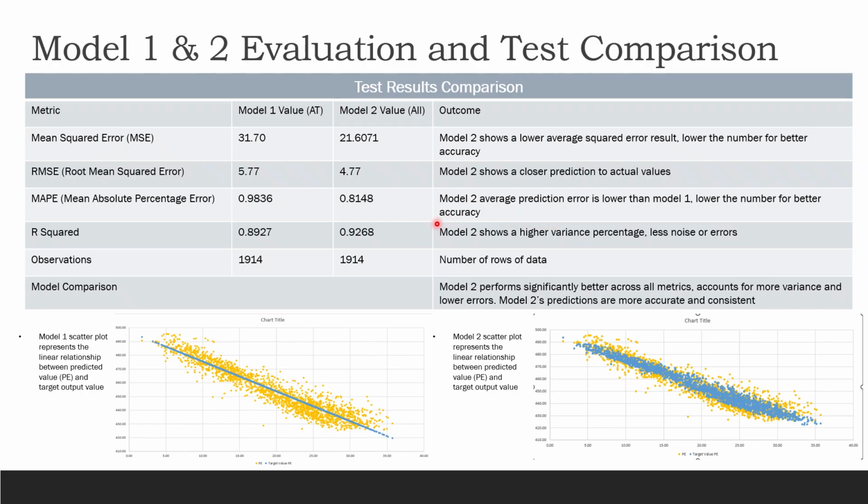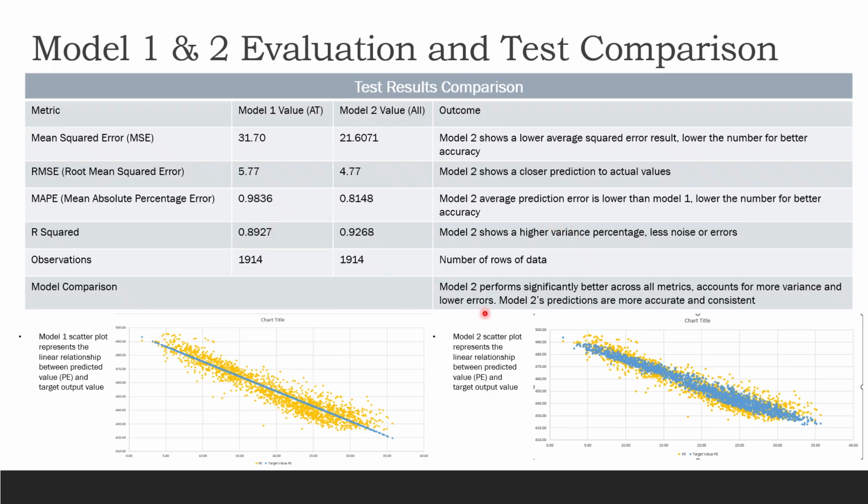And again, for this particular metric, we're looking for a lower number, the better for accuracy. R squared shows us Model 2 was higher for our variance percentage. So our variance percentage, we're trying to get closer to 1. And this indicates that this particular model is accounting for more variance than Model 1.